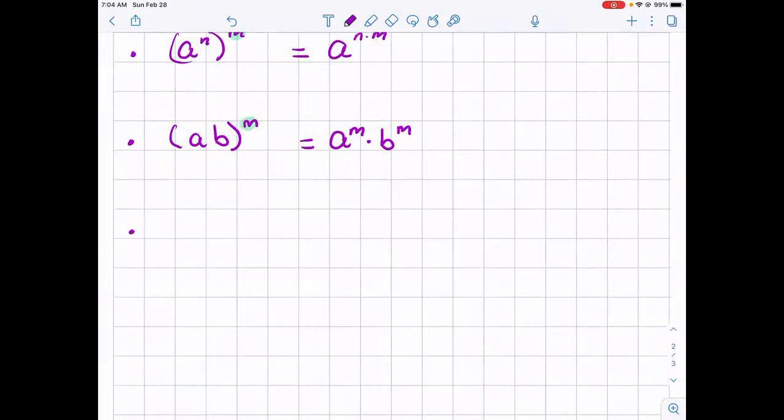What about if we have a negative power? A to the minus n means 1 over a to the positive n. Or we can write 1 over a, everything to the n power. So either is correct.